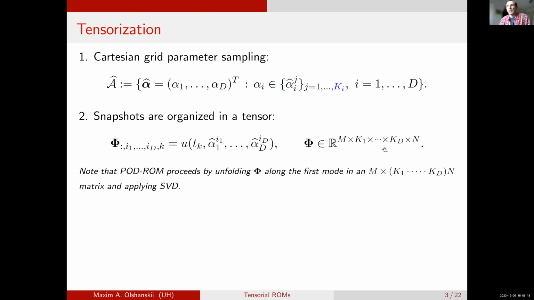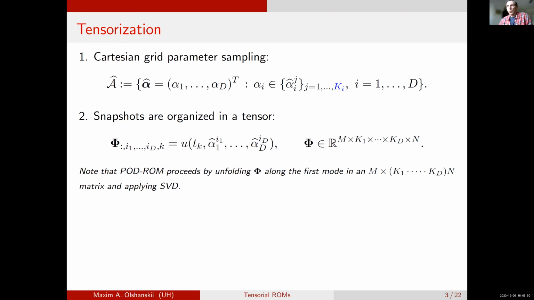We have space and we have time, so we have this natural tensor structure, and we want to exploit it. I will always use the first direction in the tensor for the space, the last direction for the time variation, and everything in the middle. These are directions in the parameter space.